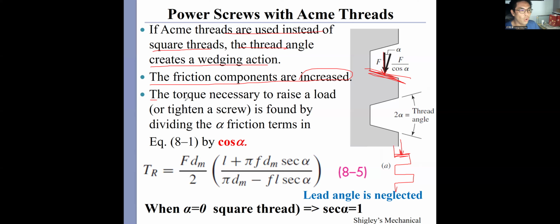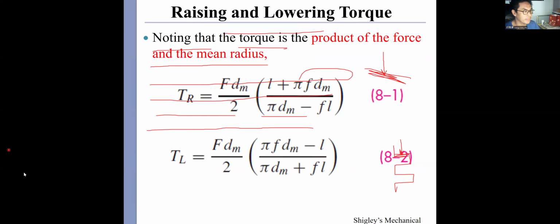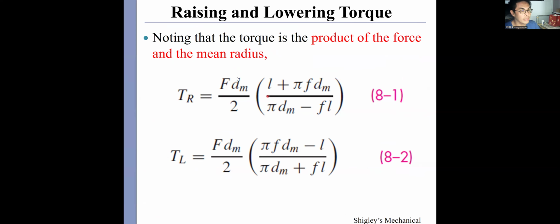The torque necessary to raise the load or tighten the screw is found by dividing the friction terms of equation A.1 right here by cosine alpha, where alpha is half of the Acme thread angle, right?